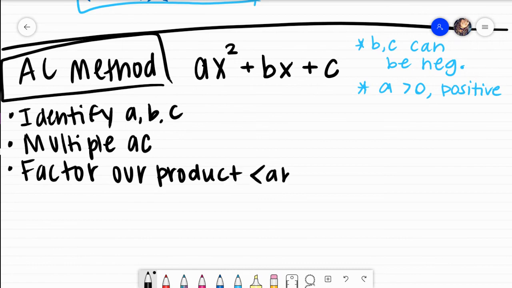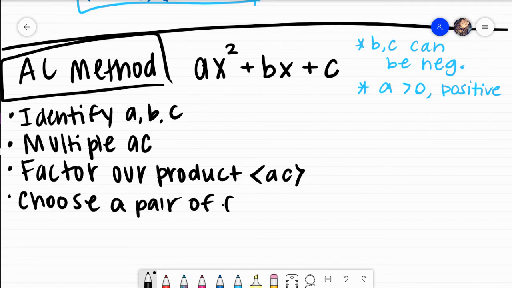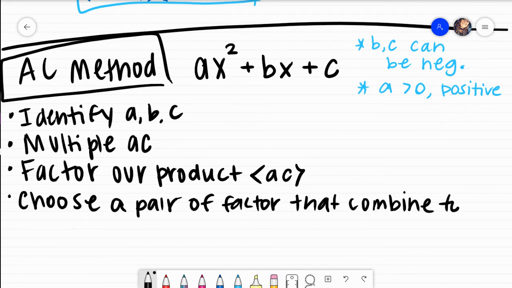And y'all, that came from multiplying A times C, right? We multiplied them. The answer is a product. We're going to factor that product. Then we're going to choose a pair of factors that combine to be B.